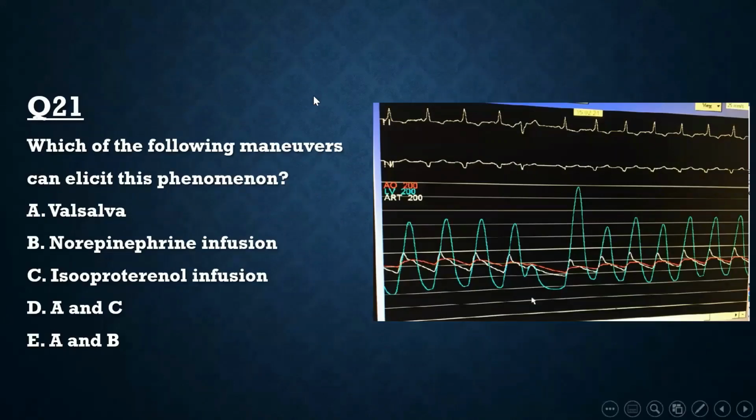This is a hemodynamic tracing from our cath lab. It is homemade. It's not from the internet. So please, can anyone read the question and analyze the tracing?